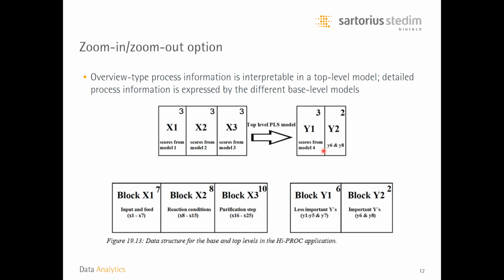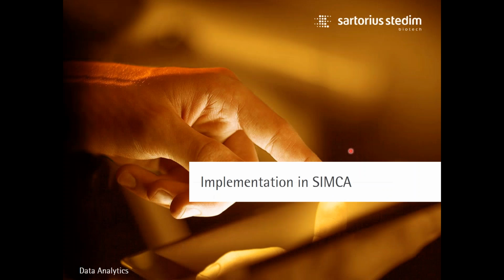So one of the points I wish to make with this illustration is that you need not only work with score vectors in the hierarchical setup, you can actually align original important critical qualities alongside score vectors.